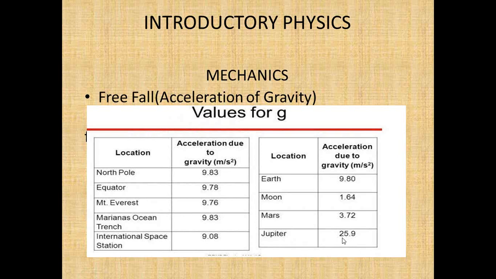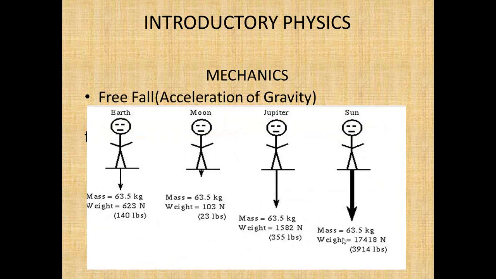Just for an example, if you have a mass of 63.5 kilograms on Earth, your weight would be 623 newtons, for a 140-pound person.